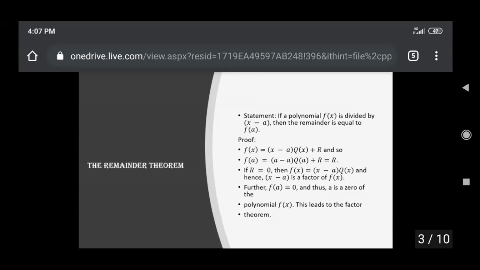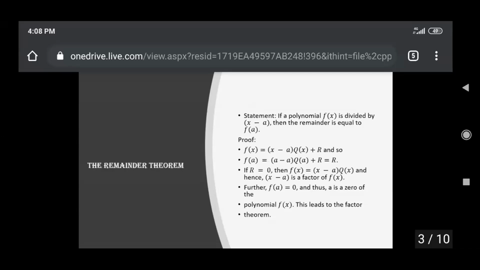This means that here the dividend is f of x, the divisor is x minus a, and the remainder is f of a.